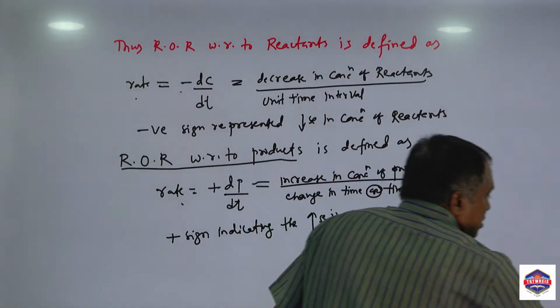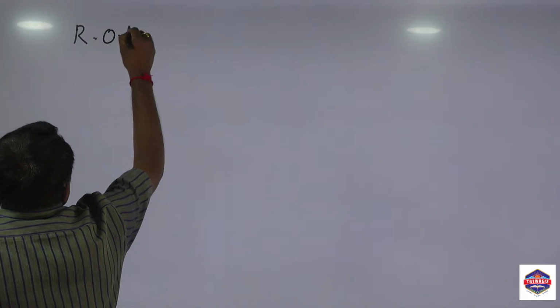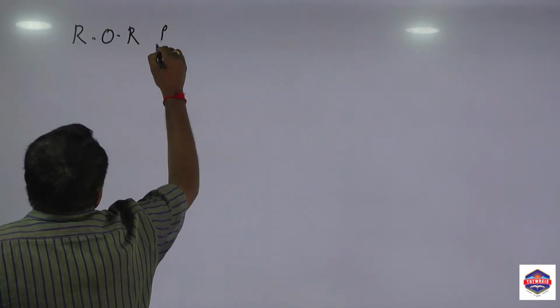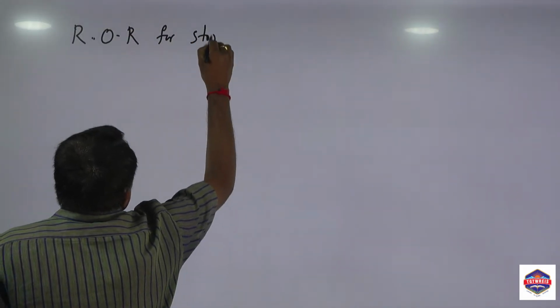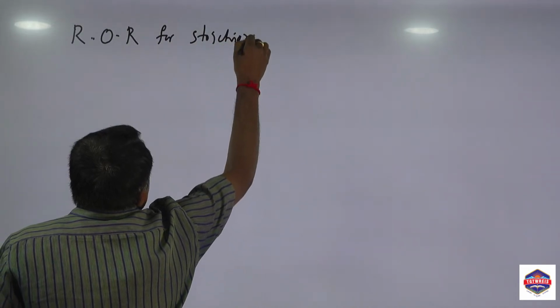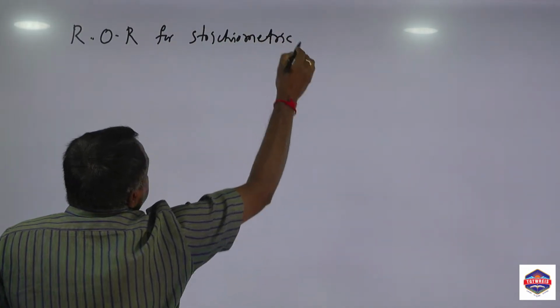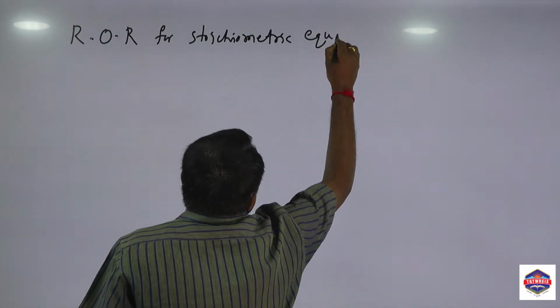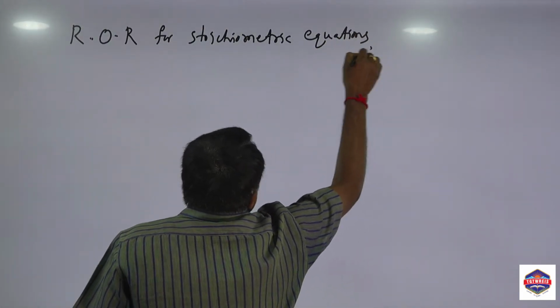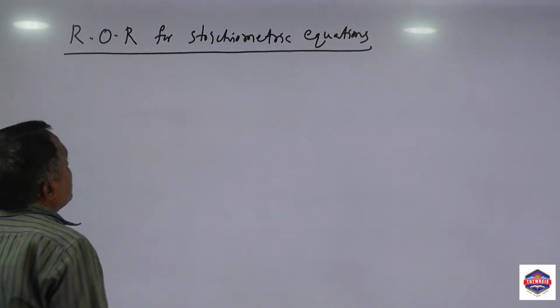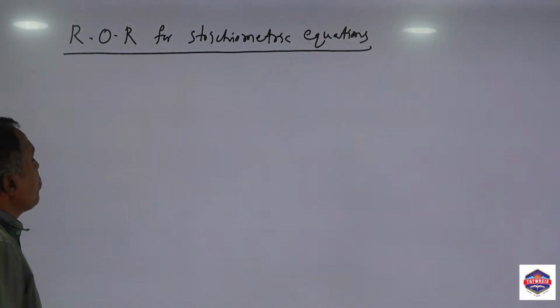Now let us look at the rate of reactions for stoichiometric equations. How can we write the rate of reactions for stoichiometric equations? How can we express rate of reactions for stoichiometric equations?